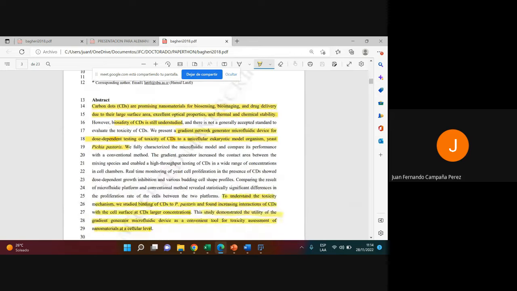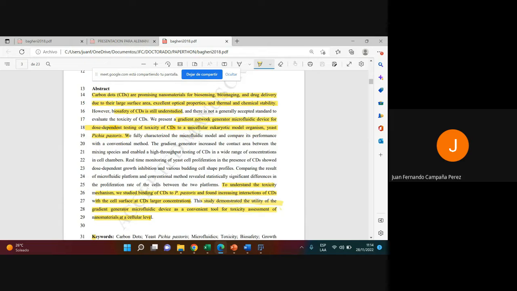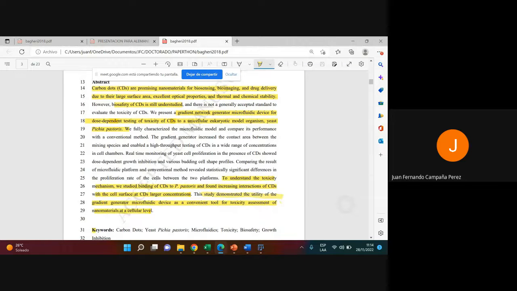Well, these carbon dots are promising nanomaterials for biosensing, bioimaging, and drug delivery, due to their large surface area, excellent optical properties, and thermal and chemical stability. But the biosafety of these carbon dots is still not understood.